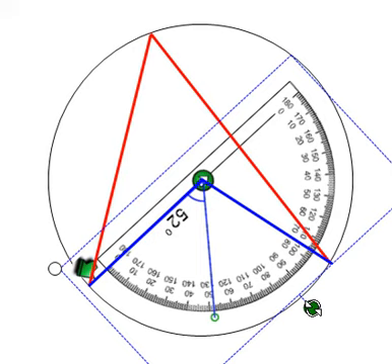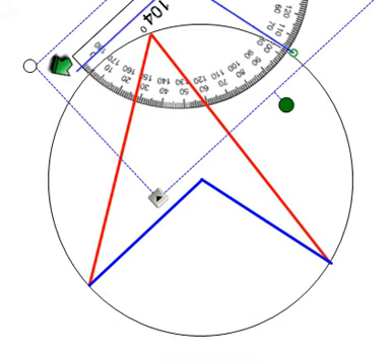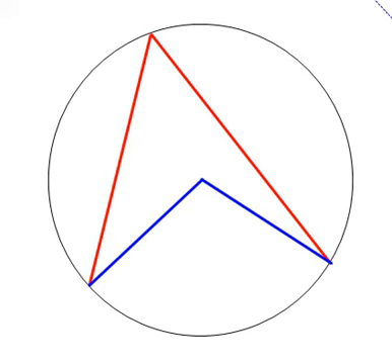And this angle, as we move this aside so we can see it, we have a measure of 104 degrees. So, what pattern do we see? We have an inscribed angle with a measure of 52 degrees, and our central angle has a measure of 104 degrees.